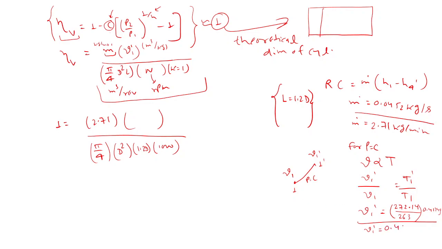Is it correct, sir? 0.4324 meter cube per kg. So we can write this here, 0.4320. So can you let me know what is the value of D from here?